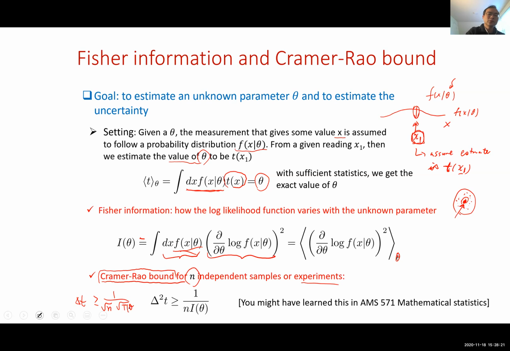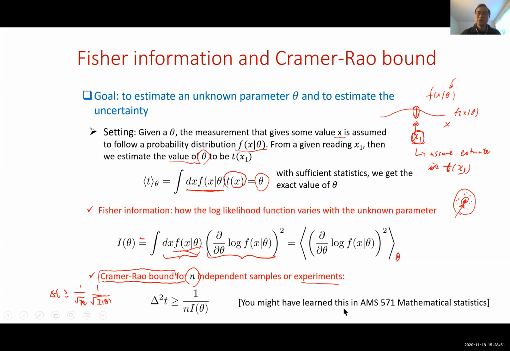It's hard for me to write the I because of the PowerPoint function down there, so let me just erase this and write: delta t is greater than one over the square root of n, the number of repetitions, times the square root of the Fisher information.